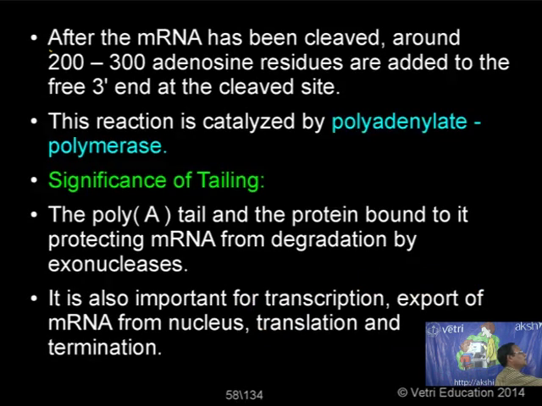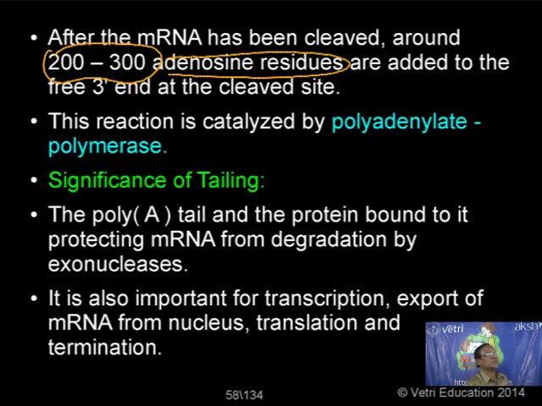Nearly 200-300 adenosine residues are added. That's why it's called the polyadenylation process. As soon as transcription has been completed, the newly formed mRNA is separated from the DNA by the endo or exonucleases. At the 3' end, around 200 to 300 adenosine residues are added at the cleaved site.